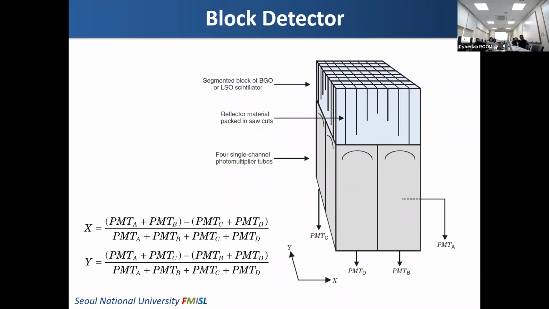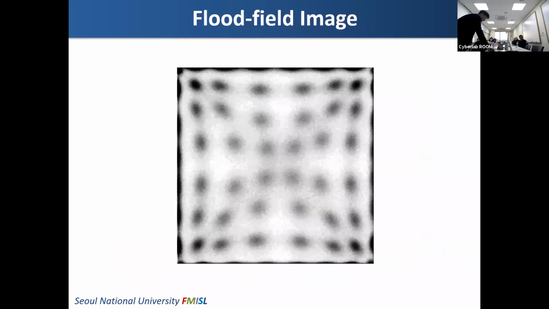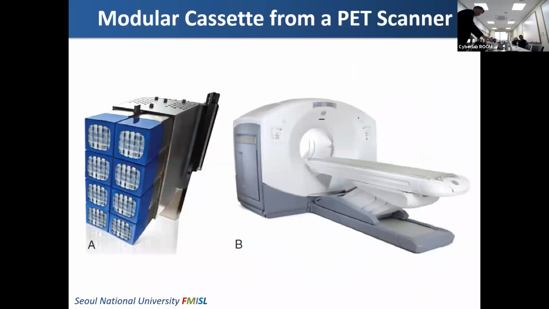By comparing each signal output, we can determine the position, as we have done in the gamma camera. Each of these modules is a block detector in the clinical PET scanner.